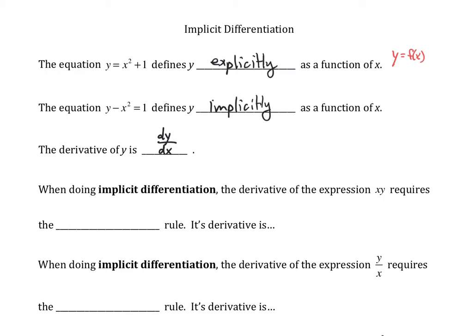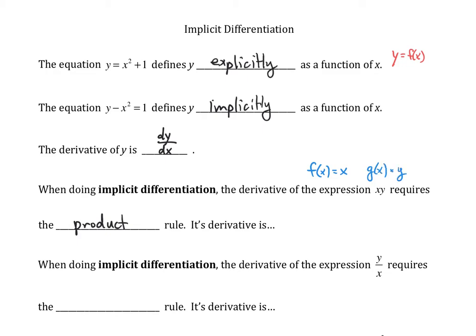So when we are doing implicit differentiation, the derivative of the expression xy requires the product rule. Why does this require the product rule? Because we have two functions. One function is x and the other function is y. So when we look at our product rule, we could say the f function is just x and the g function is y, right?